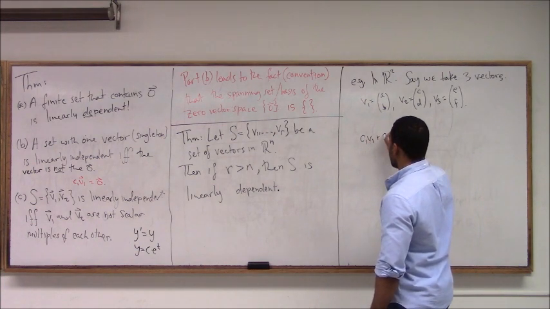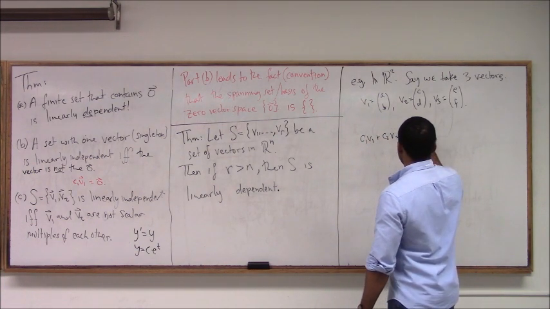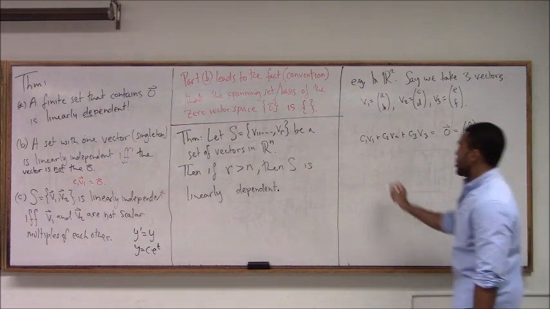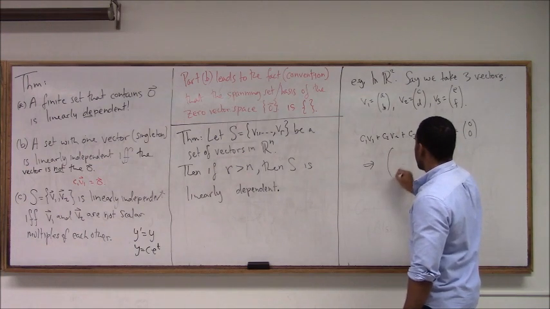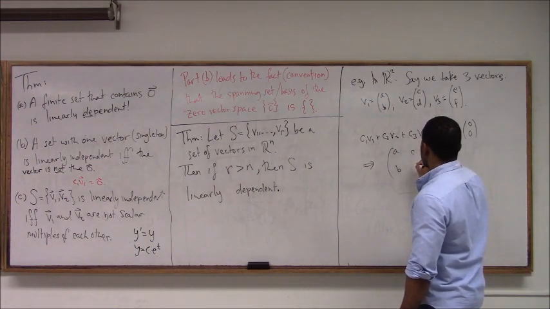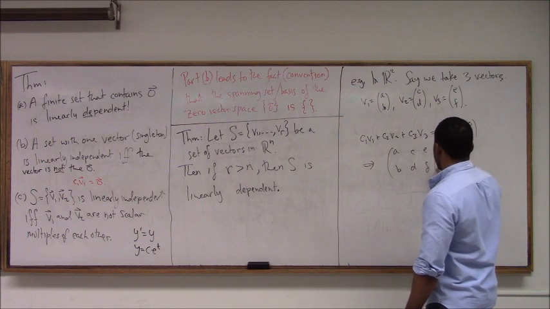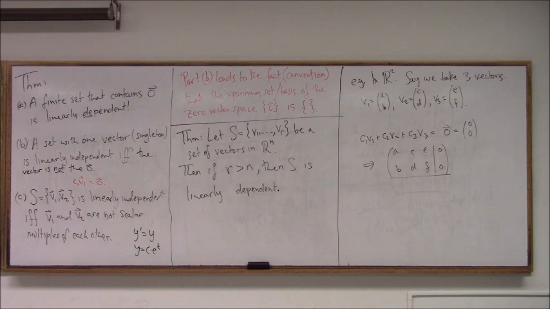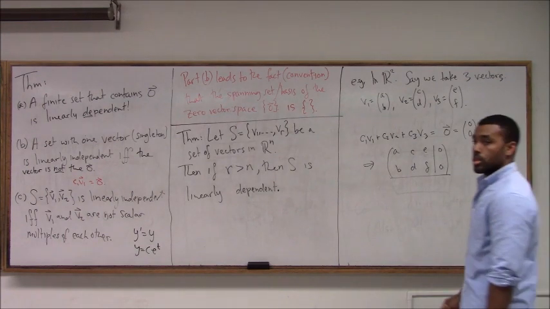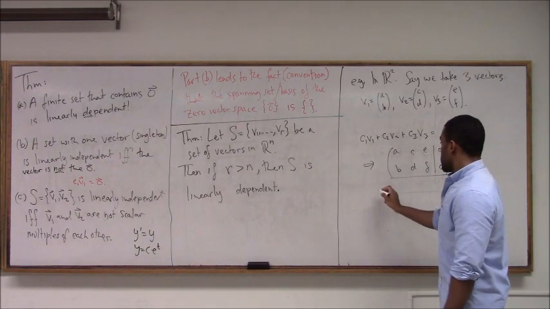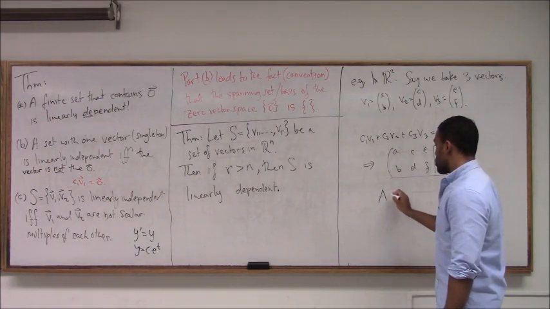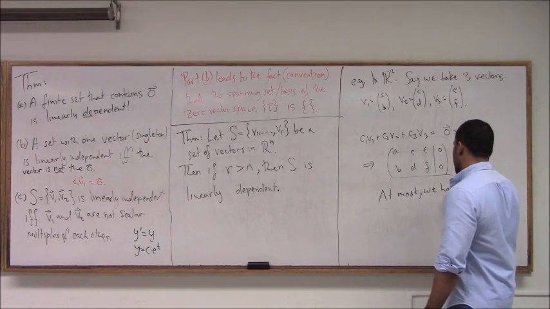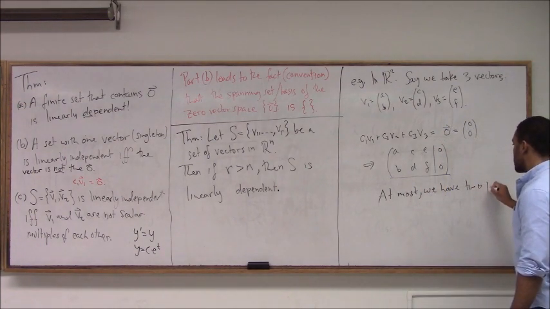So if you take C1 V1 plus C2 V2 plus C3 V3 equals the 0 vector in R2, which is just the vector (0, 0), ultimately that becomes the matrix a, b, c, d, e, f augmented with 0. Now what can you tell me about that system? There are more variables than there are rows, which means at most, best case scenario, we have 2 pivots here.